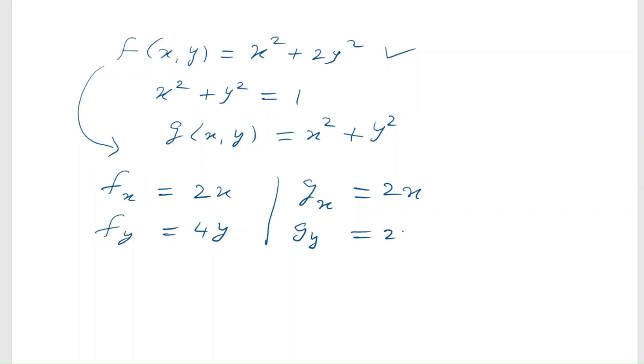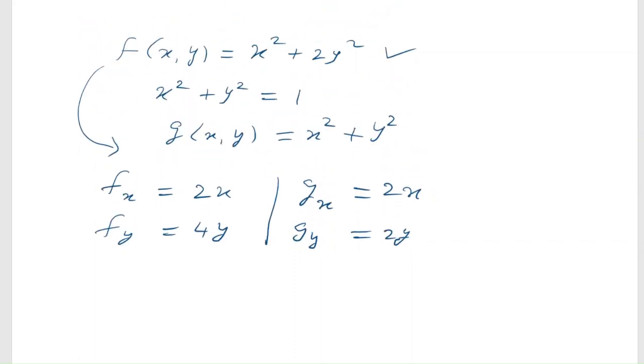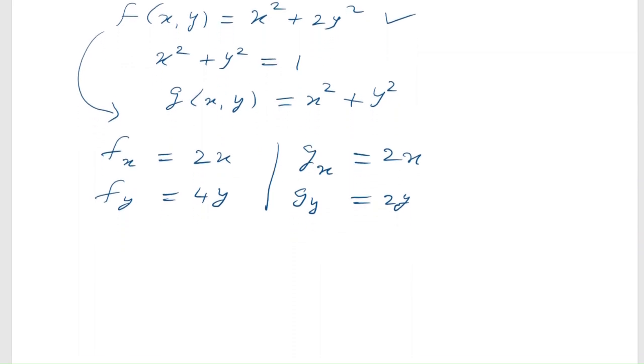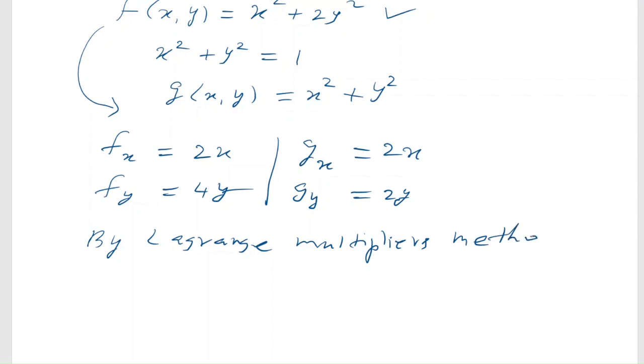Actually here f and g are functions of two variables only. So after writing this step, by the Lagrange multipliers method, del f is equal to some lambda times del g.